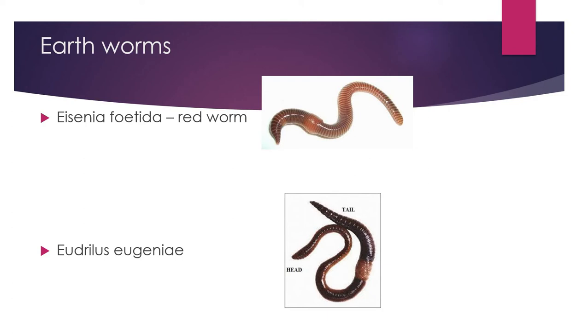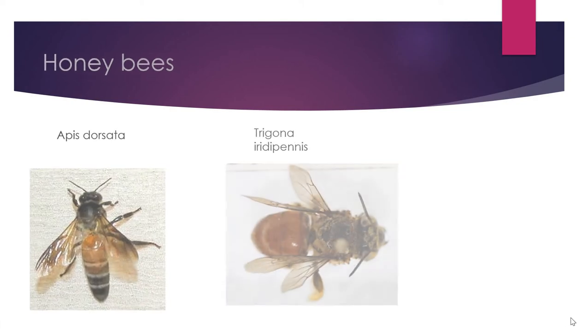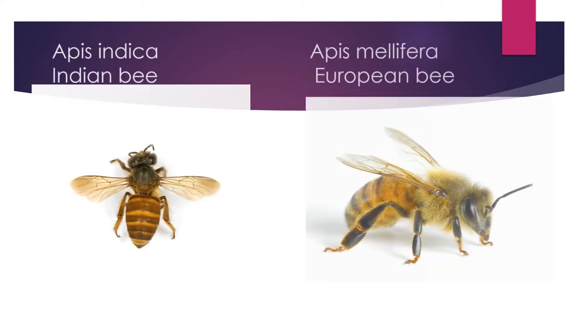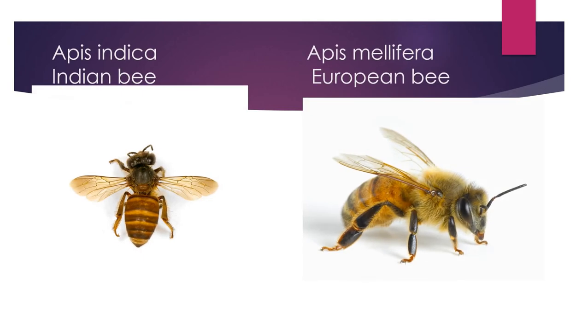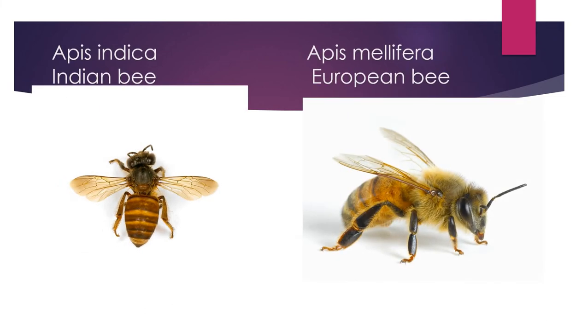Then you have to identify the given earthworms, Eisenia foetida and Eudrilus eugeniae. Any of the following honeybees should be identified: Apis dorsata, Trigona iridipennis, Apis indica and Apis mellifera.